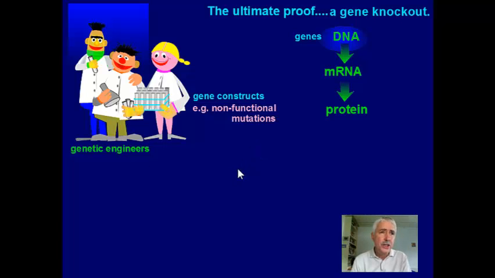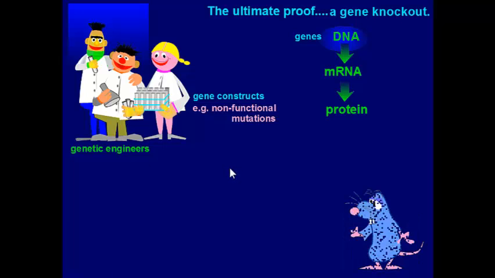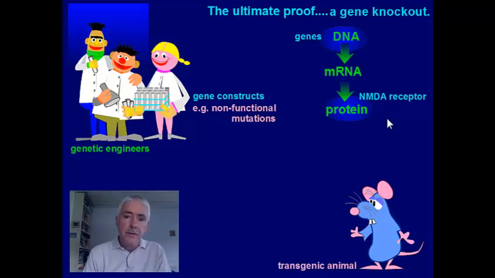And then these genes can be introduced into embryos, in various ways that I don't have time to go into, and ultimately you can produce a transgenic animal which has this altered, non-functional gene. Now, for the NMDA receptor, one of the critical subunits was mutated, and a transgenic animal generated.